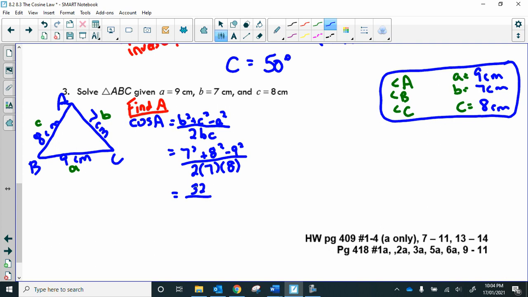And 2 times 7 times 8 gives me 112. And then again, I'm finding an angle, so I am going to be using that cos inverse. You should practice that in your calculator. Maybe pause the video if you want to try that. You are going to get 73 degrees. So my A is 73 degrees.